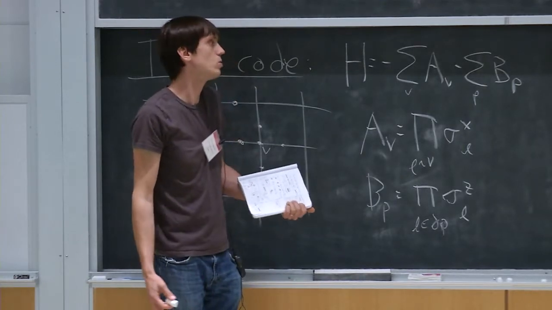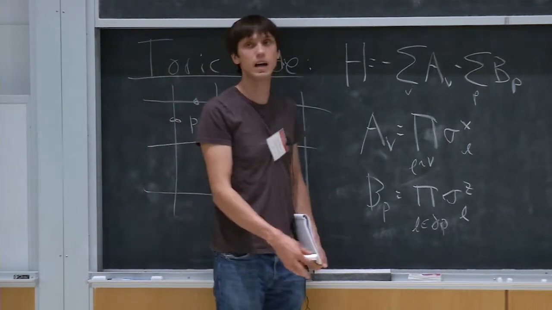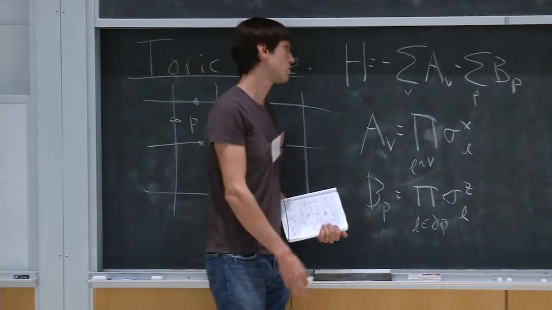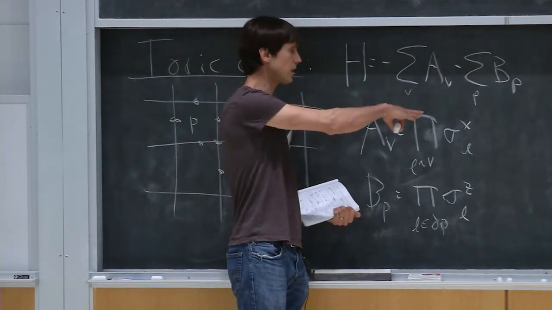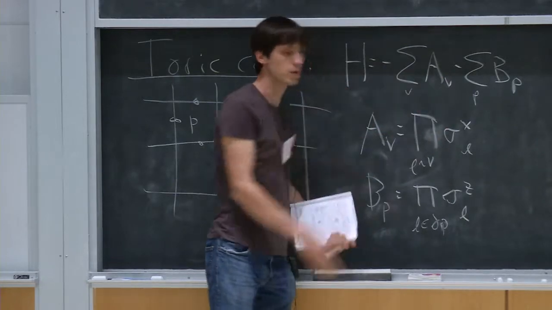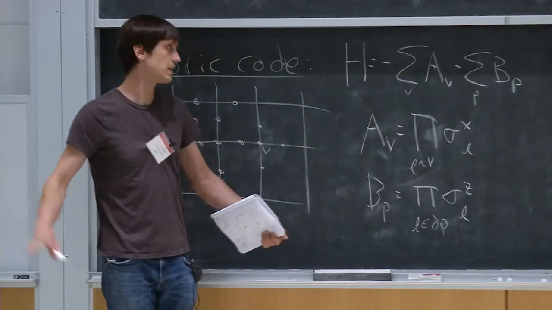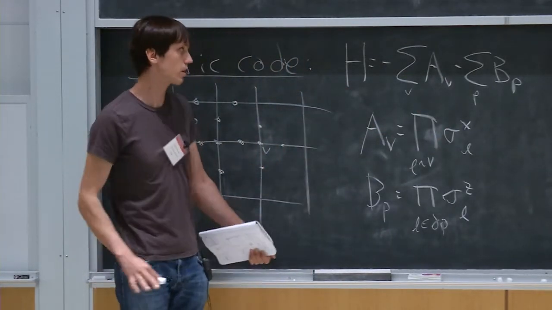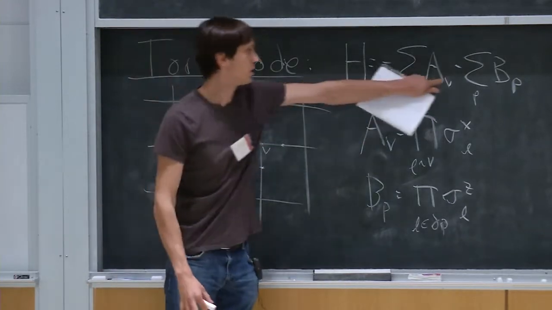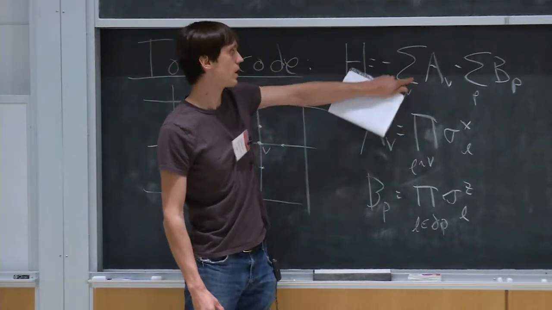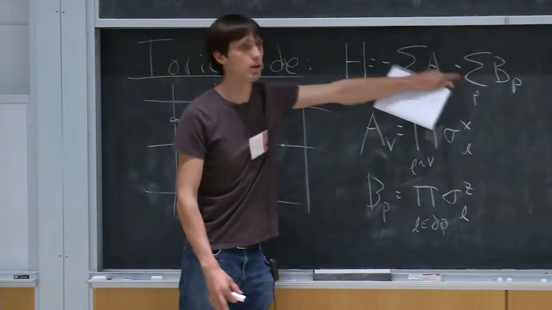All we really need to do is find a state or states which are eigenvalue plus 1 eigenstates of all the A's and all the B's. If we do that, we're done. That is definitely the ground state because there's nothing that can possibly have lower energy. The lowest energy you can get is just making all these plus 1.